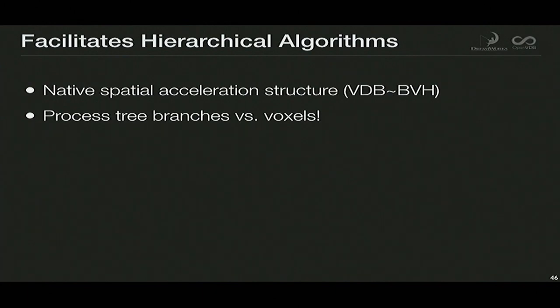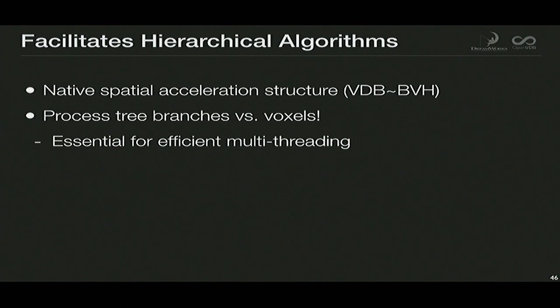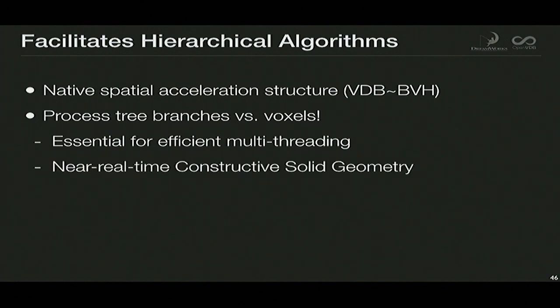One cool thing is that you can process a whole branch instead of processing every single voxel, which means that we can do multi-threading very quickly. We can do things like Boolean operations on trees almost in real time. Because oftentimes, like when we do intersections between two surfaces, you're only interested in the values that are actually overlapping.